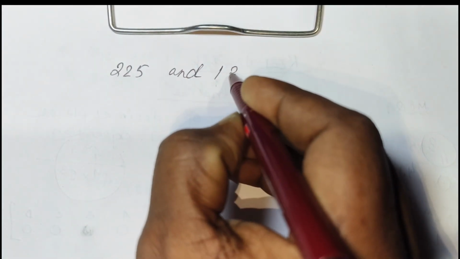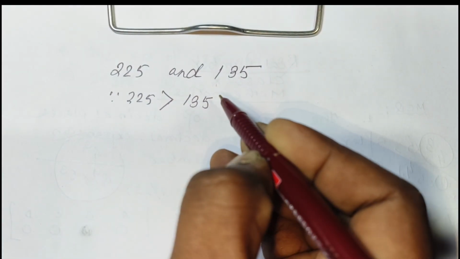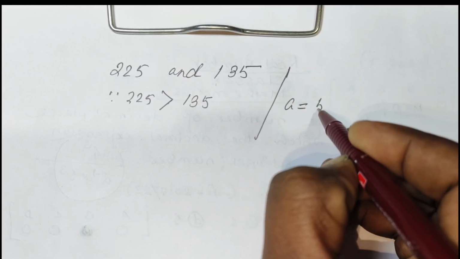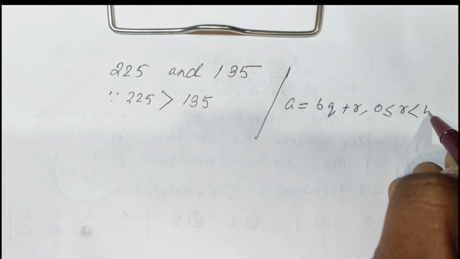My dear student, right? The question is like 225 and 135, right? Since 225 is greater than 135, we need to express this number in Euclid division lemma, a equal to bq plus r, where 0 less than or equal to r less than b.